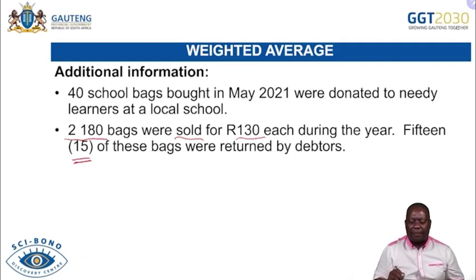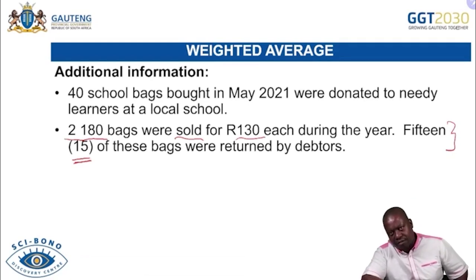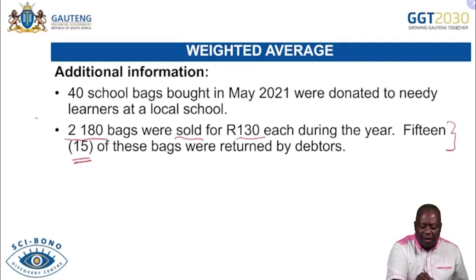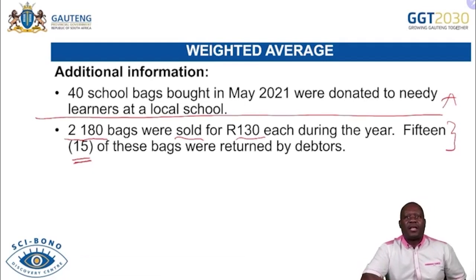Now, please check here. These have got nothing to do with closing stock. So we are not going to use this one when it comes to closing stock. We will see it when we get to gross profit. So let's wait until we get there. When we are calculating value of closing stock, we are going to need this item. This one, we need it. But the last item, let's keep it on hold for some time.